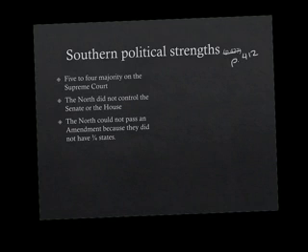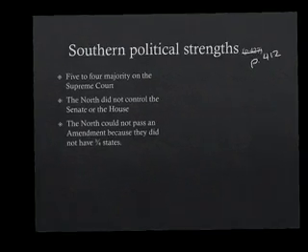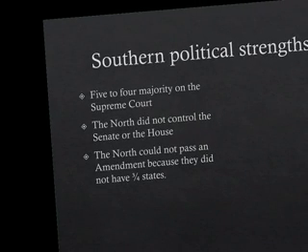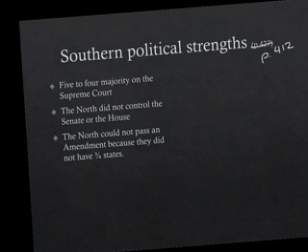So right after the election, the road to secession is taken by South Carolina and others. And on page 412, second full paragraph on the left, the author of your textbook tends to look at how the Southerners still had very strong political strengths, and that civil war was not necessary when you consider that the South had 5 of the Supreme Court justices, especially when you consider the recent Dred Scott decision.